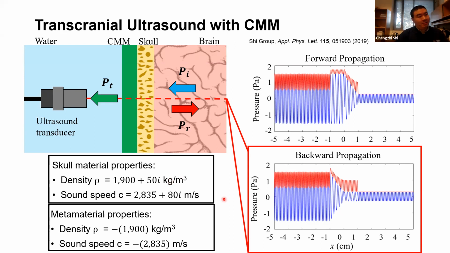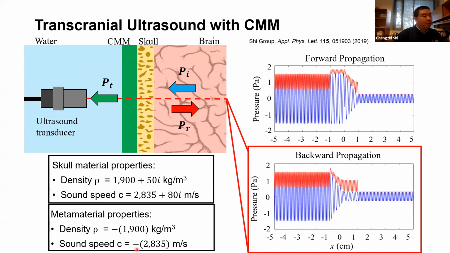So the problem is we have the loss from the skull that was not considered by the previous design. And also remember that for acoustics, the acoustic impedance of the skull is given by the product of the density and the sound speed. So if you take the product of these two values here, the imaginary part will actually affect the real part of the impedance.